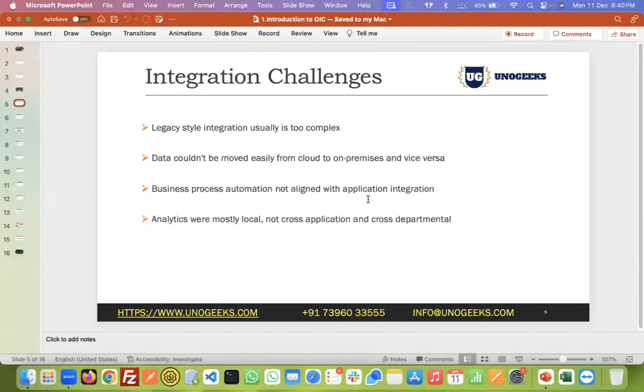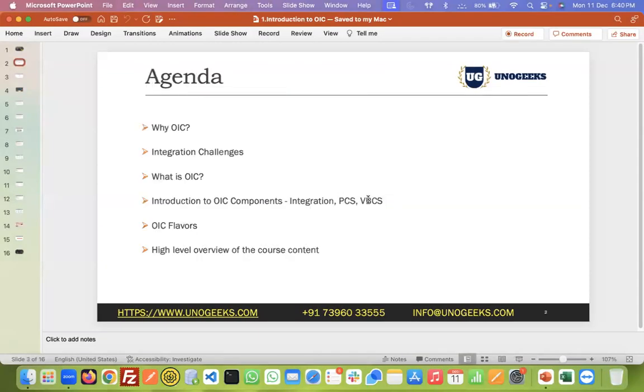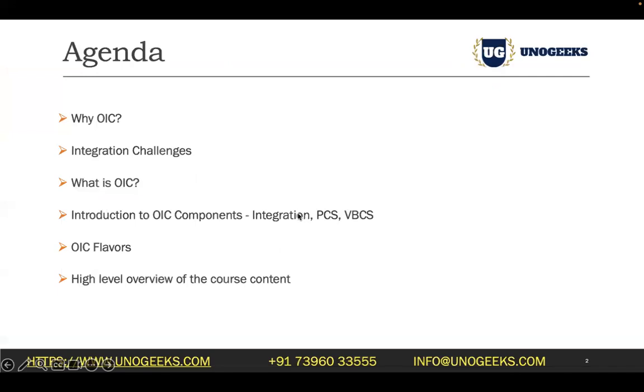Because in OIC, guys, all of you might be aware that we have integrations. You can make it out from the name itself, Oracle Integration Cloud. But apart from building a wide variety of integrations, we do have two more cloud services called Process Cloud Service and VBCS, Visual Builder Cloud Service. With VBCS, you can build complex and beautiful user interfaces.